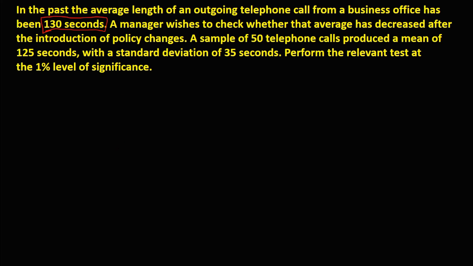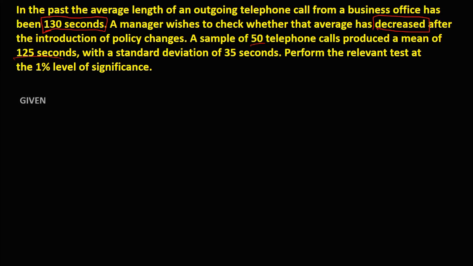Then a manager wishes to check whether that average has decreased, so less than, after the introduction of policy changes. A sample of 50 telephone calls produces a mean of 125 seconds with a standard deviation of 35 seconds. Perform the relevant tests at 1% level of significance.